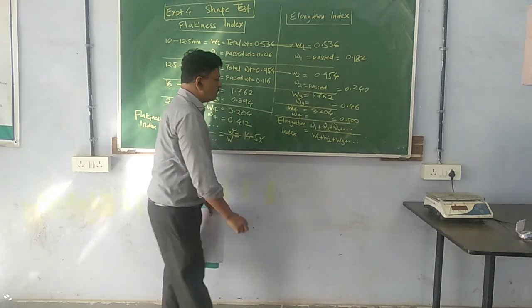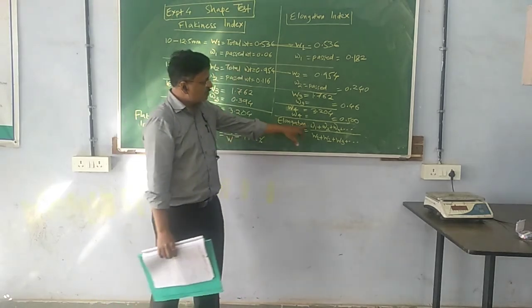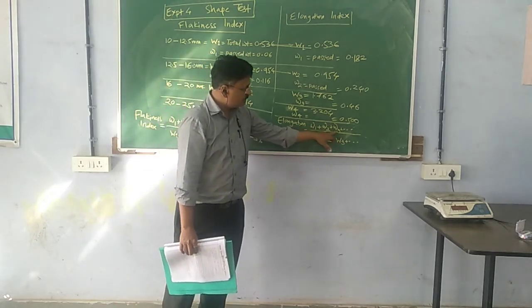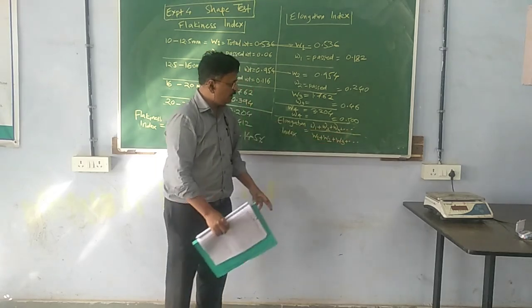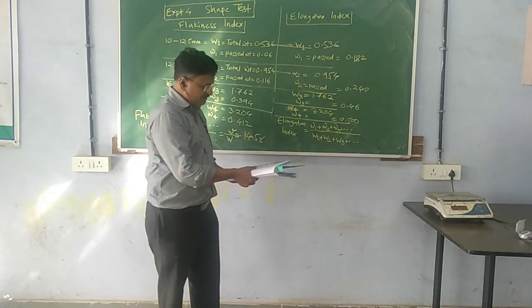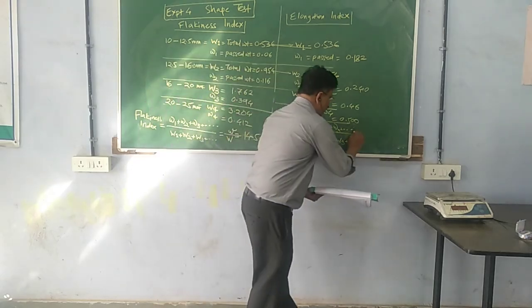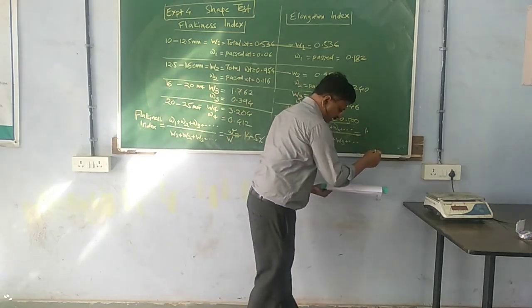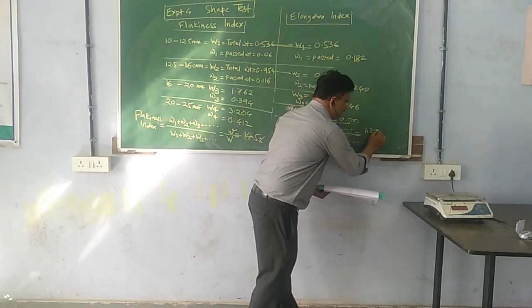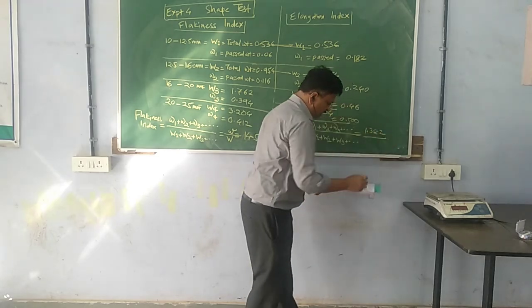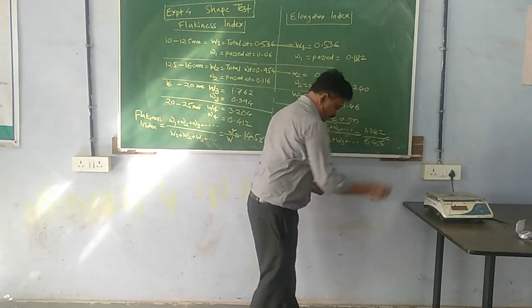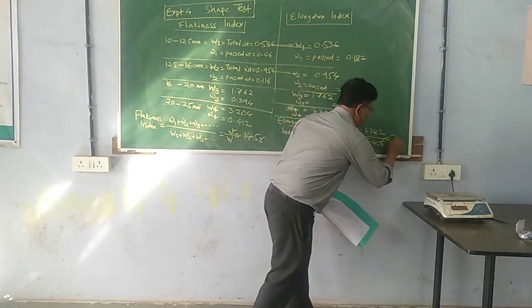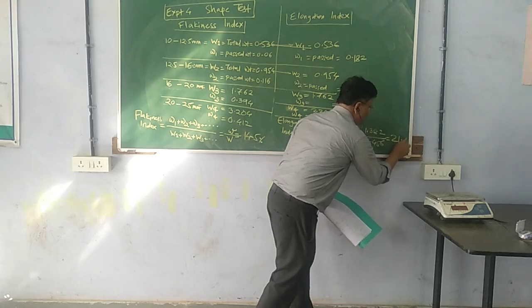Again, the same formula: smaller W1 plus W2 plus W3 plus W4 divided by the weight of all particles, capital W1 to W4. The passed weight is 1.382, divided by the total weight of 6.456. This elongation index comes out to be 21.5%.